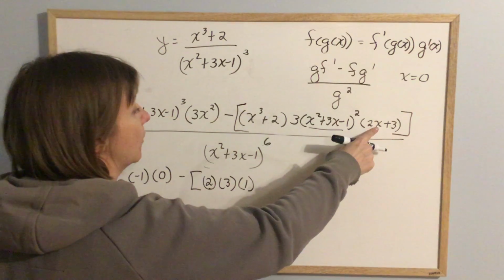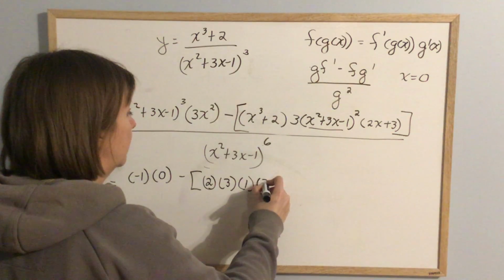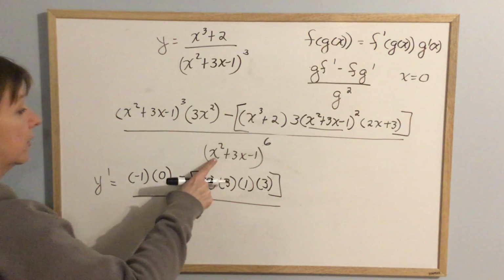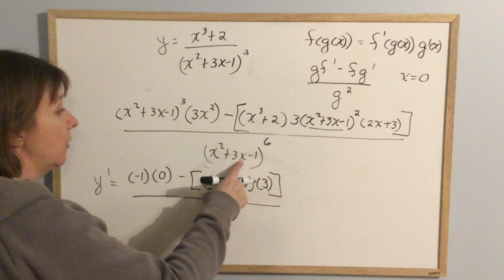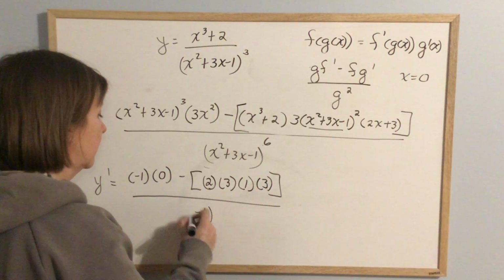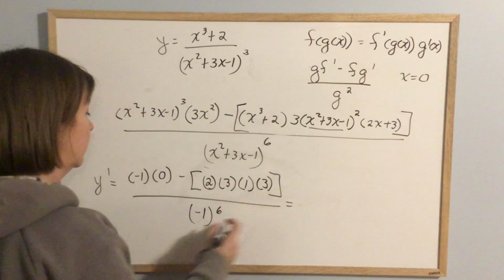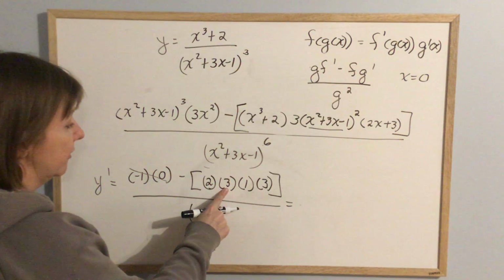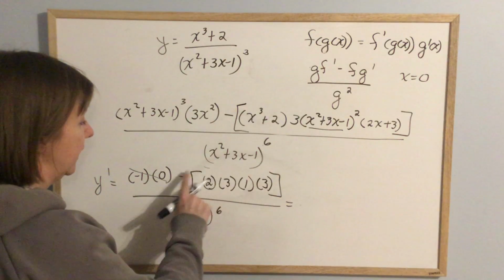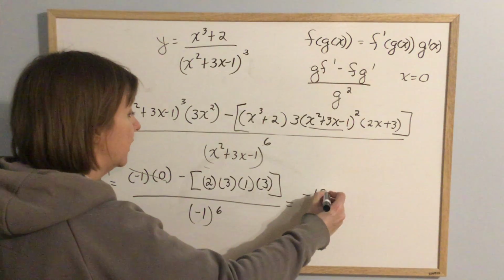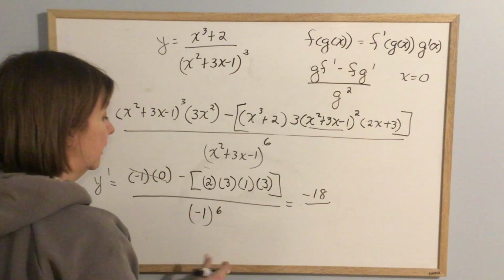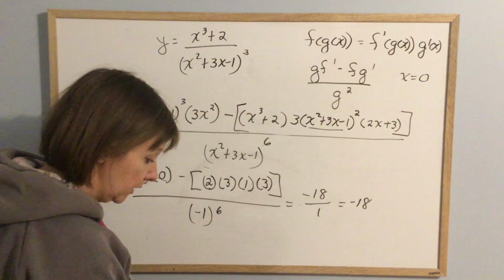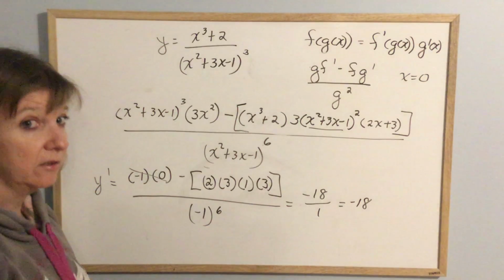And 2 times 0 times 3 would be 3. All over 0 plus 0 minus 1 to the 6. So that's 0. 2 times 3 is 6. 6 times 3 is 18, and there's a negative, so that's negative 18. Negative 1 to the 6 is 1, so my slope is negative 18.